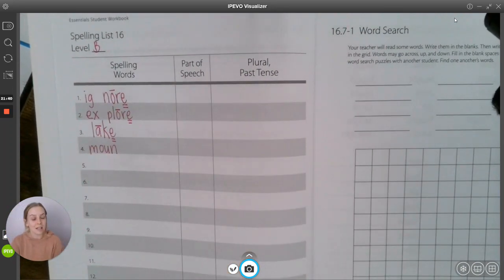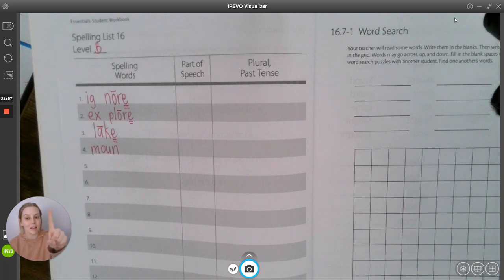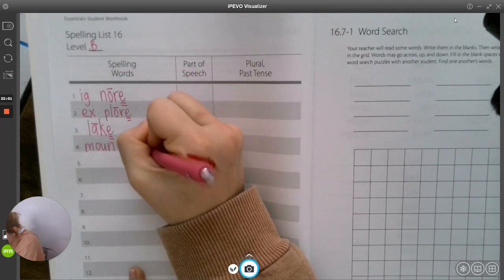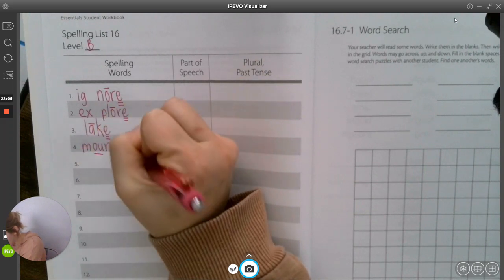And the second syllable is tain. Sound it out. T, a. Finger spell. T, a. Use 2-letter A. That may not be used at the end of English words. And we have 2 phonograms here.